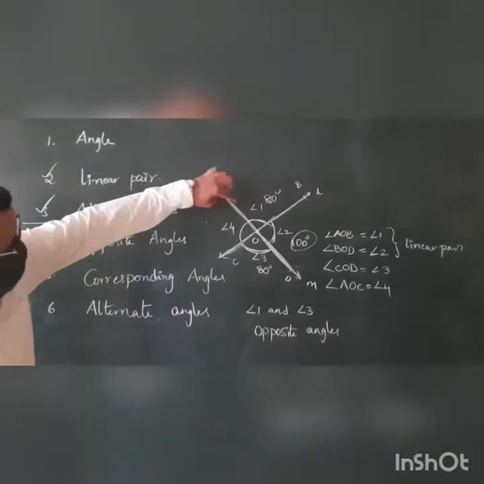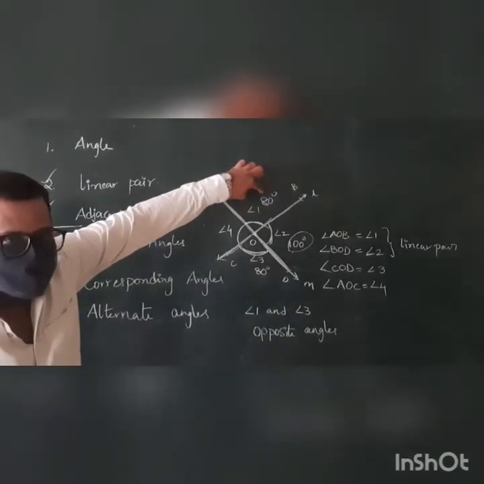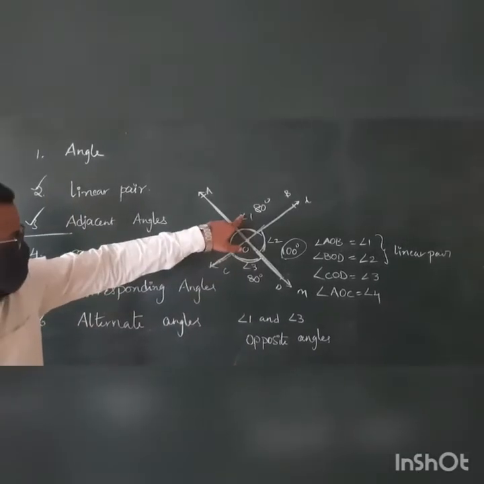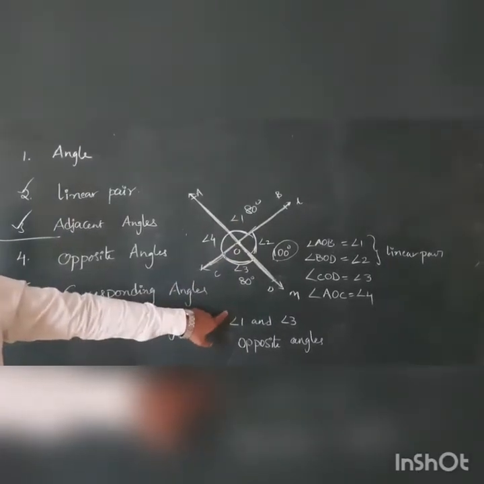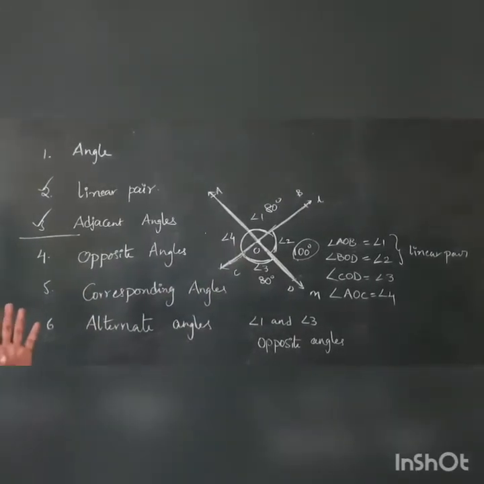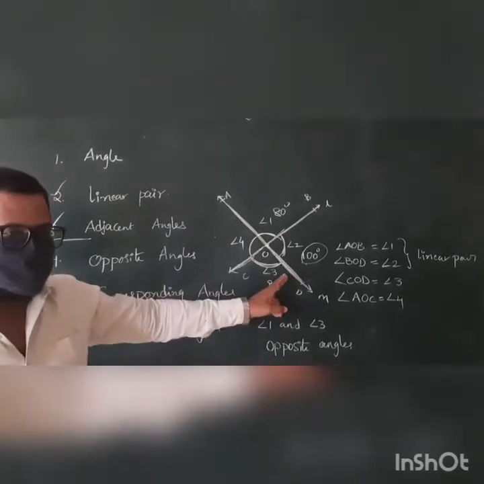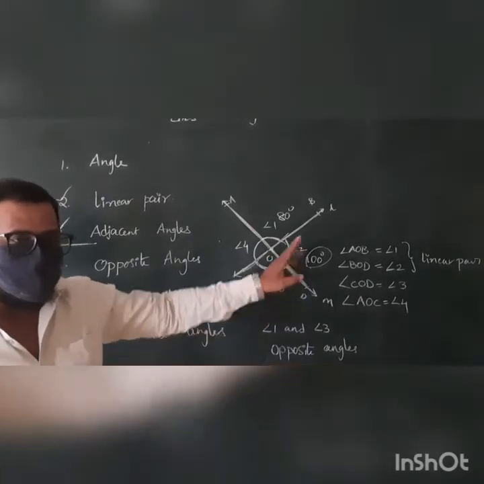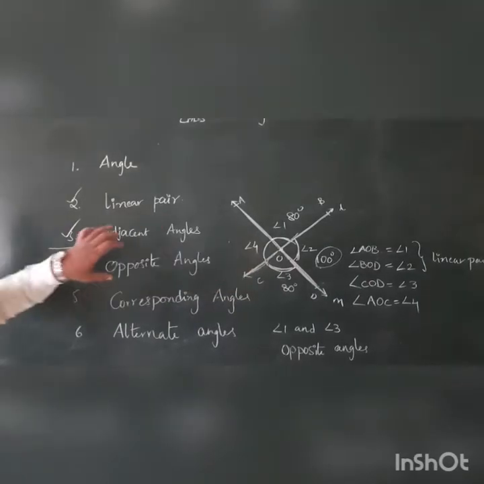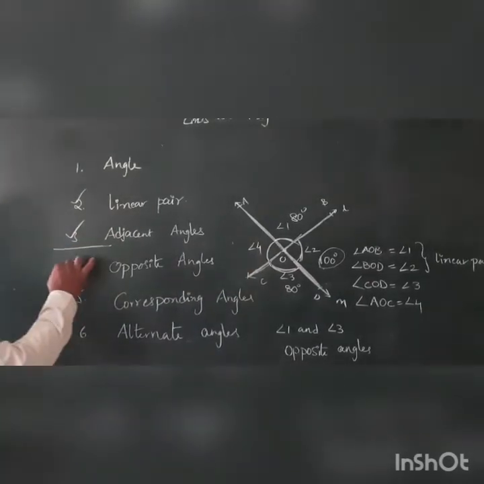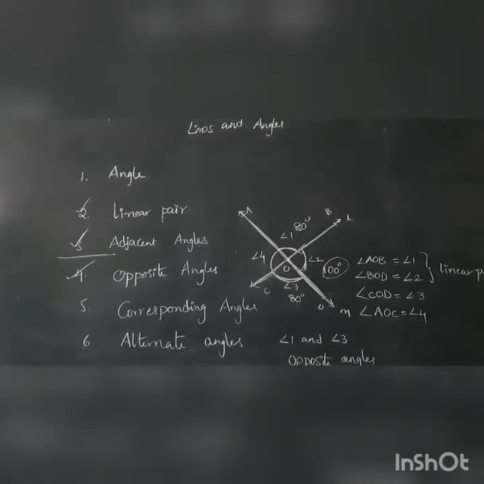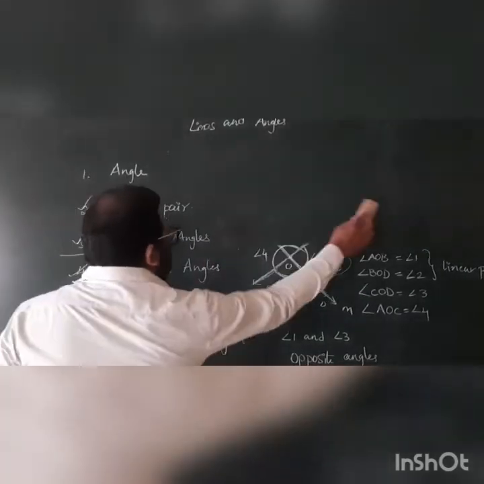You can observe now the angle 1 value is 80 degrees, the angle 3 value is 80 degrees. That indicates that angle 1 equals angle 3. That means opposite angles are equal. So adjacent angles form a linear pair and are supplementary. Okay, this is all about opposite angles. Now let us take what are corresponding angles and alternate angles.